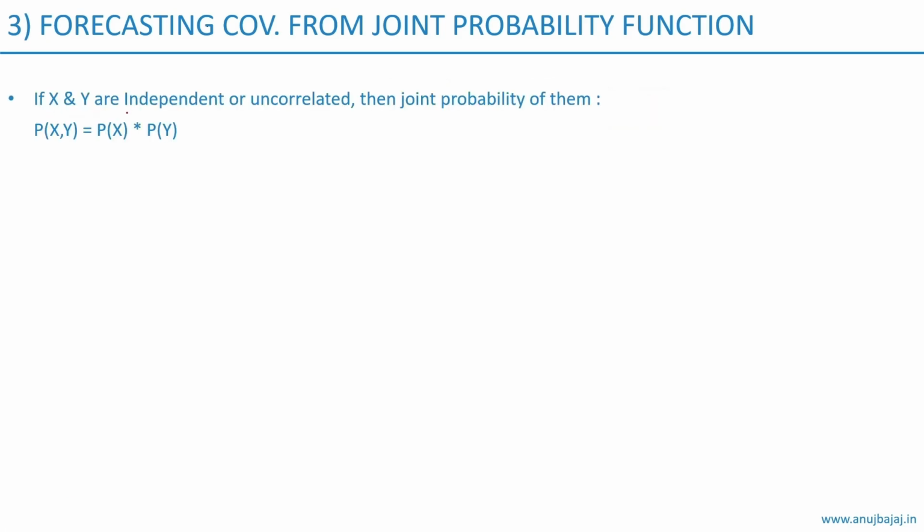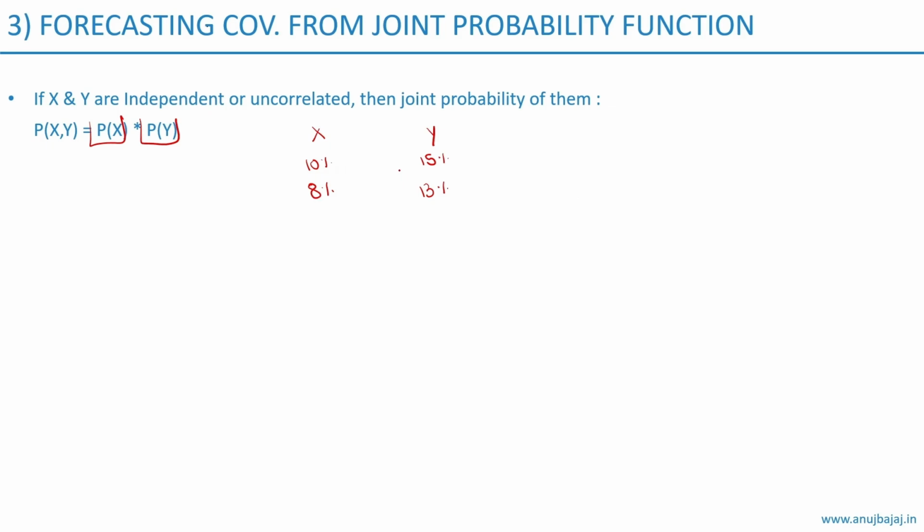If X and Y are independent or uncorrelated, then the joint probability of these two events equals the product of their individual probabilities. So suppose I have two assets, asset X and asset Y. X can have two possible returns in the upcoming year. X can either generate 10% or it can generate 8%, and Y can generate either 15% in the next year or it can generate 13% in the next year.